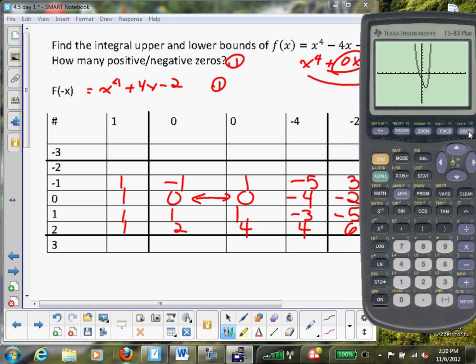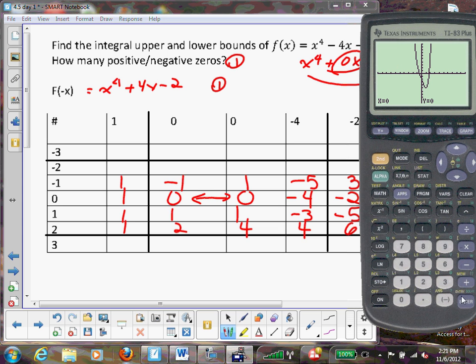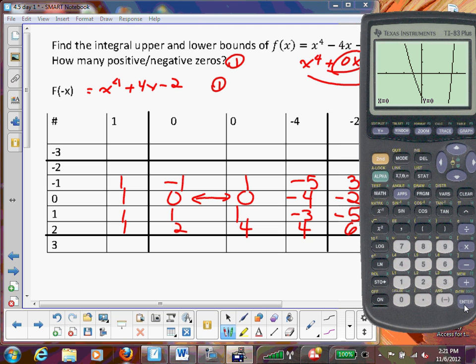Notice, I want you to zoom in really close. Where are the zeros occurring? Between which 2 integers?